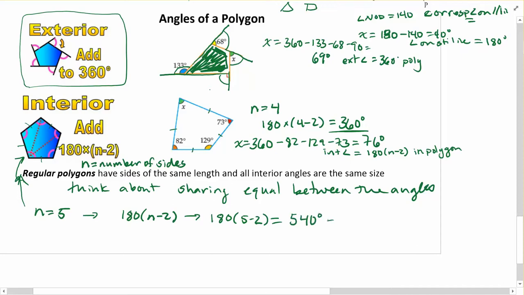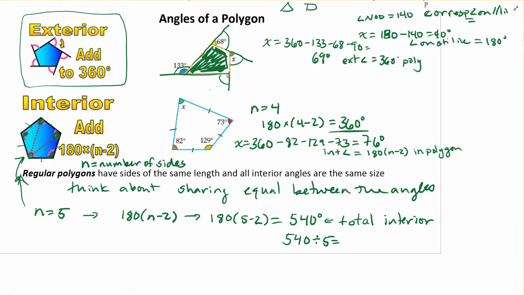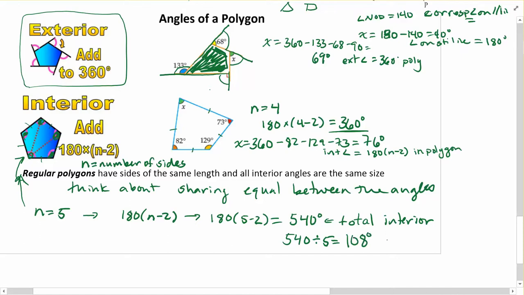And so I know that's my total interior. And then I need to split that up with the 5 angles that are inside. So I've got 1, 2, 3, 4, 5 angles there. So 540, split that evenly 5 ways. And what do you get? You should get 108 degrees for each interior angle.